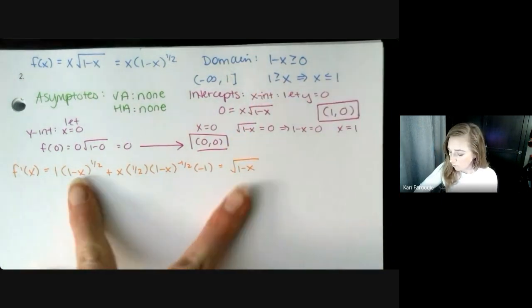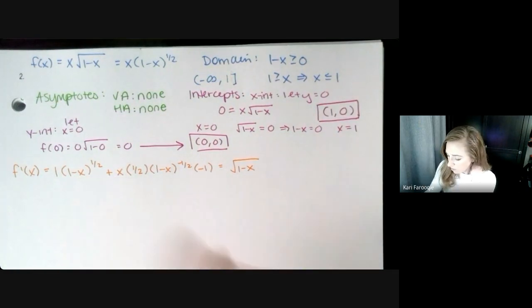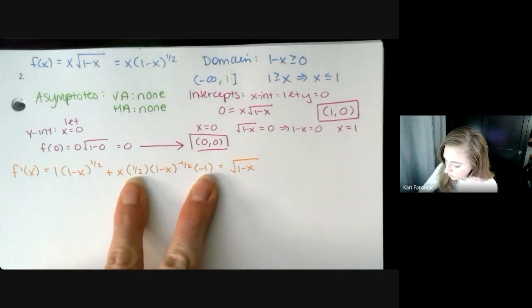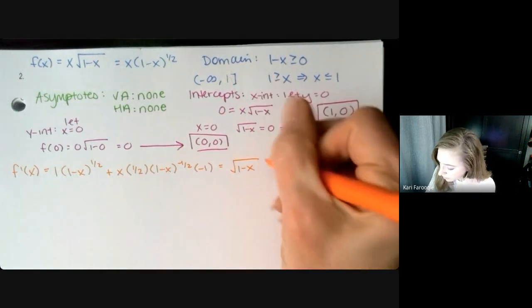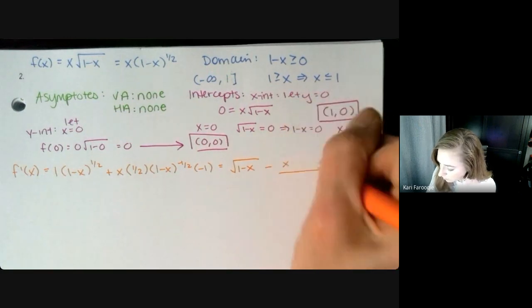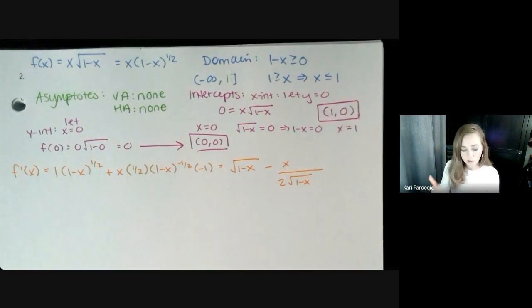All right, so I'm going to rewrite this 1 minus x to the 1/2 as a radical. And then I'm going to simplify this term. So I have -x times 1/2. So it's -x over 2. So I'm just going to write minus and then x divided by twice the square root of 1 minus x.